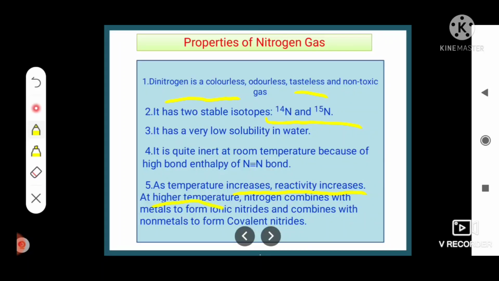At high temperature, nitrogen combines with metals to form ionic nitrides, and when it combines with non-metals it gives covalent nitrides.